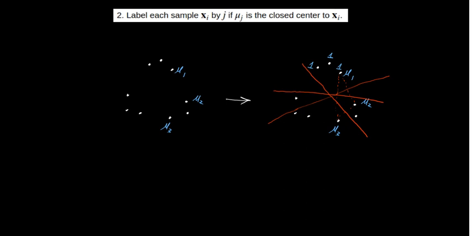But anyway, you can just try to do it by yourself, and you are able to see that for this point, if you compare mu1 and mu3, it is closer to mu3, right? Because of this line. But if you compare mu1 and mu2, it is closer to mu1.